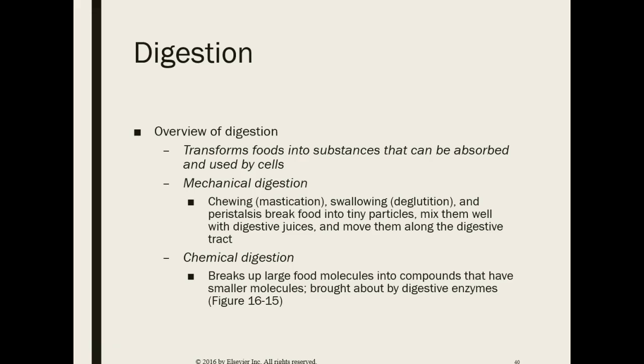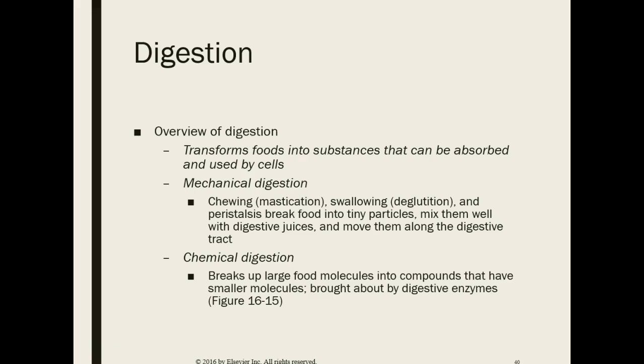It also mixes them with the digestive juices and moves them along the digestive tract. Segmentation would be another example of mechanical digestion. And then the last example is a little bit weird because it's hard to think about it this way, but the emulsification of fat by the bile is considered a mechanical digestion.